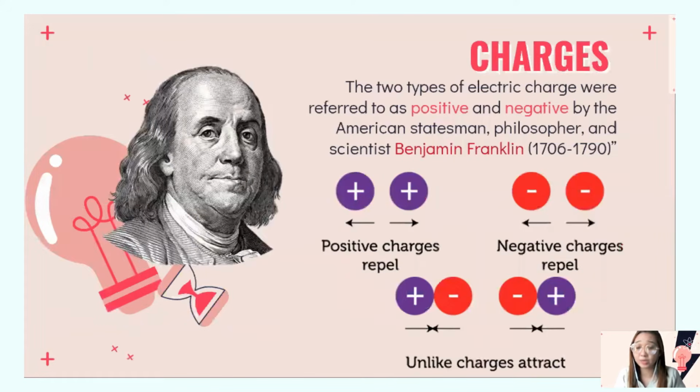Since we know that an atom consists of charged particles, namely protons and electrons, ang nakadiscover po niyang scientist is si Benjamin Franklin. He states that there are two types of electric charges that can be found in a particle, which are referred to as positive and negative charges.